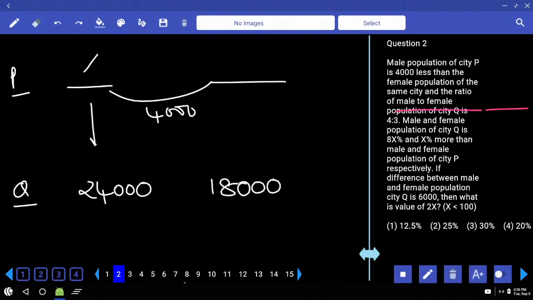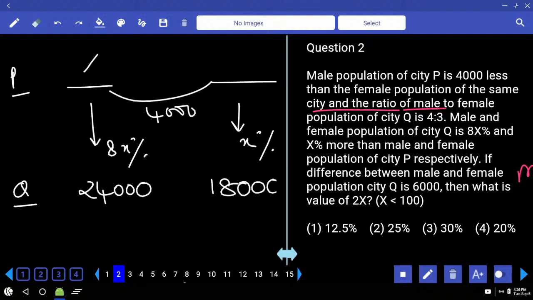So 8x% more and x% more. He is asking for the value of 2x. Then what is the value of 2x? Here the options are 12.5, 25, 30 and 20. Let us go with 20%. For example, if 2x is 20%, then what is 8x? 80%, isn't it?